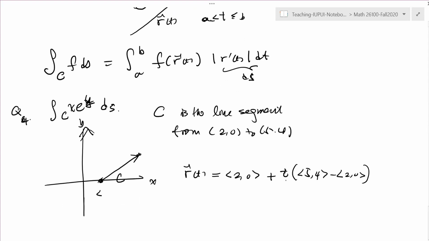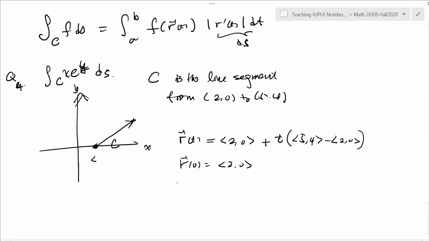Then you will see that when t equals 0, you get the first vector. For a straight line, it's easy. When t equals 1, you get the other end point.